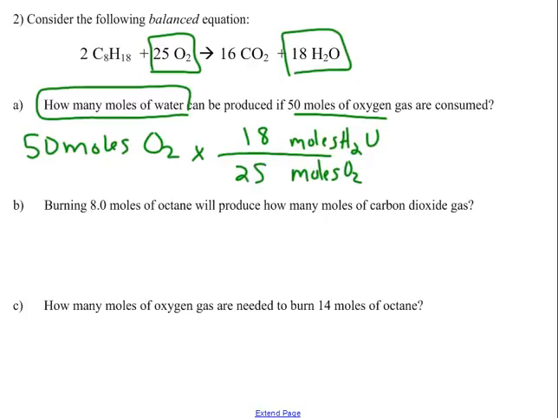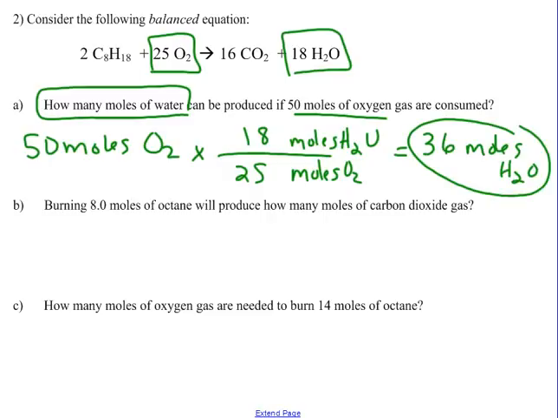In your calculator, this is 50 times 18 divided by 25, or you might have been able to see that 50 divided by 25 is 2 times 18. Either way, you come out with 36 moles of water.